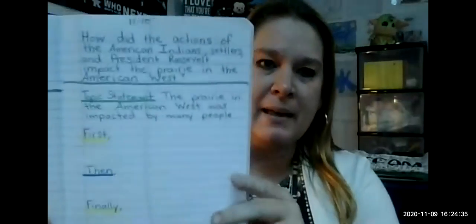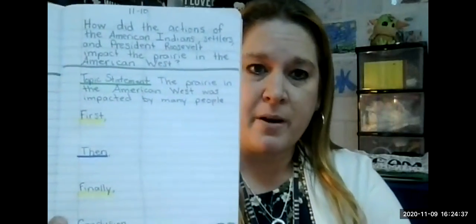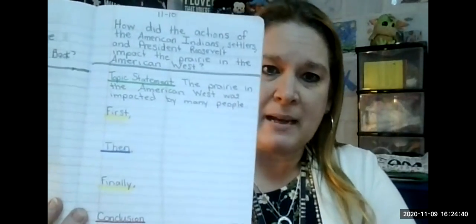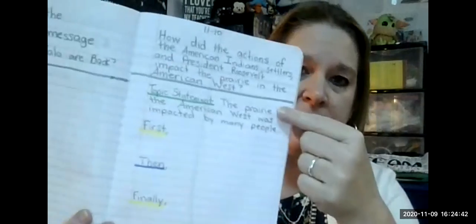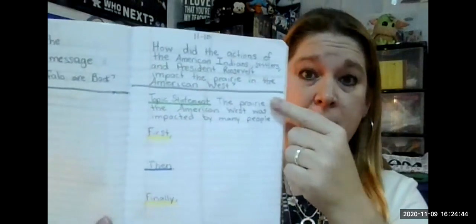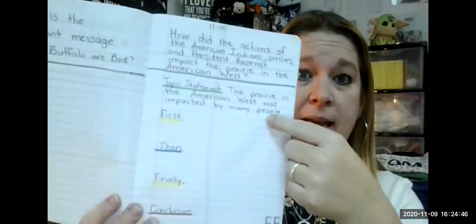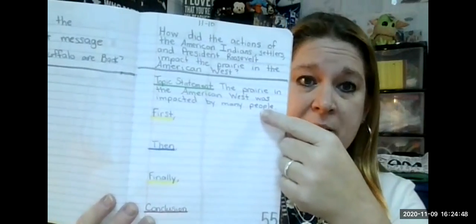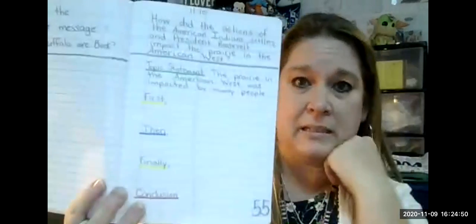So there's my topic statement. The prairie in the American West was impacted by many people. That tells me I'm going to be talking about the prairie in the American West and how all these different kinds of people impacted it. Okay, so you may use my topic statement if you can't think of anything. If you can think of a different topic statement, I would love to hear yours.